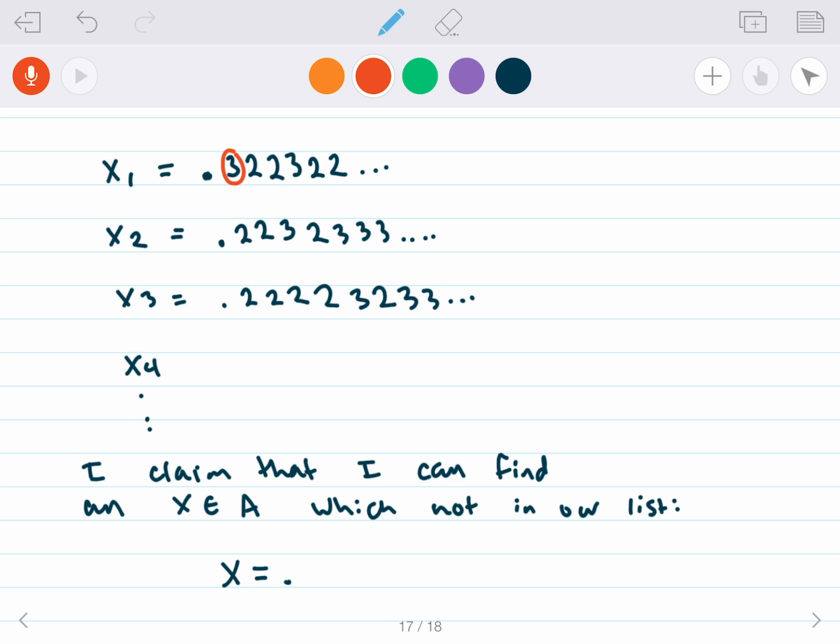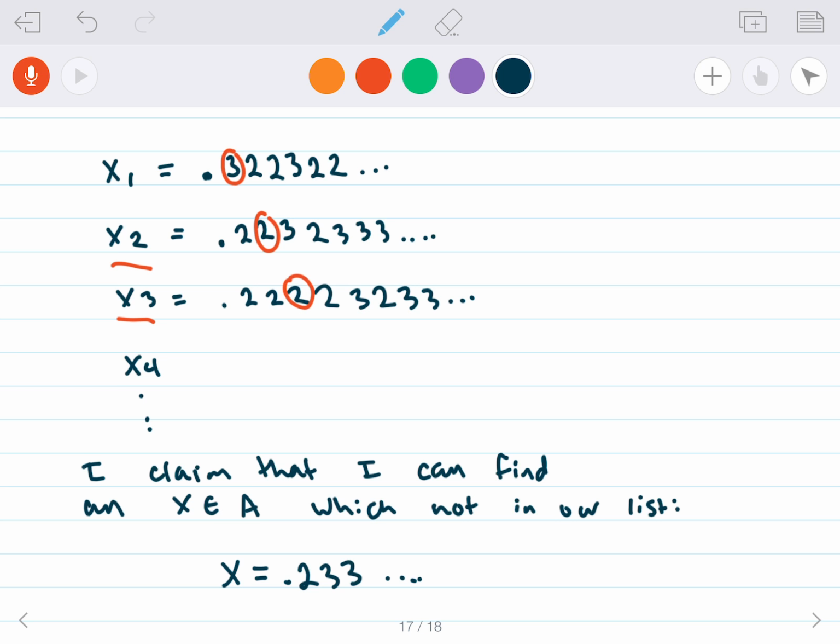Then I'm going to move down to the second element, look in its second slot, and change that number. Since it's a 2, I'm going to make it a 3. And so forth. I'm going to look at the third slot, which is a 2, and change it to a 3, and I can keep playing this game. And so I have found an element that is not in my set, right?